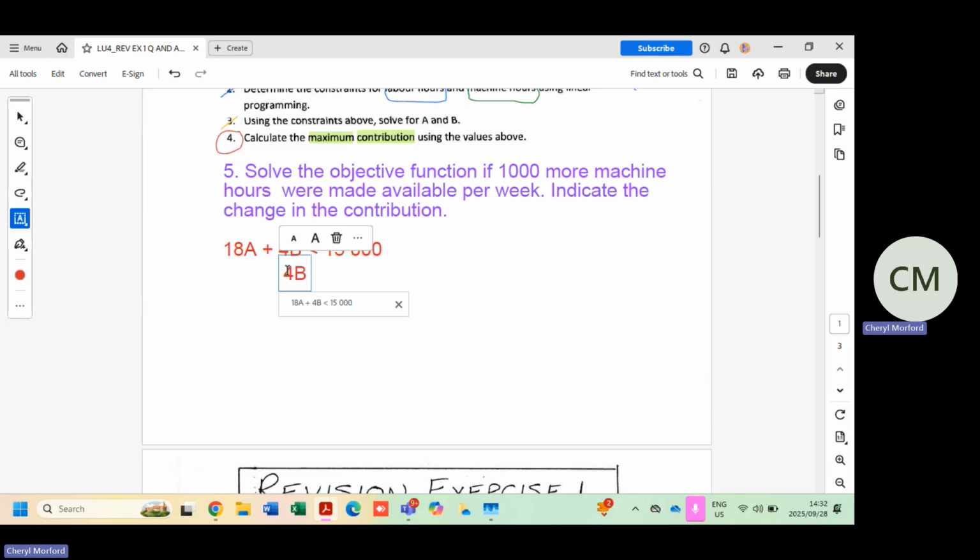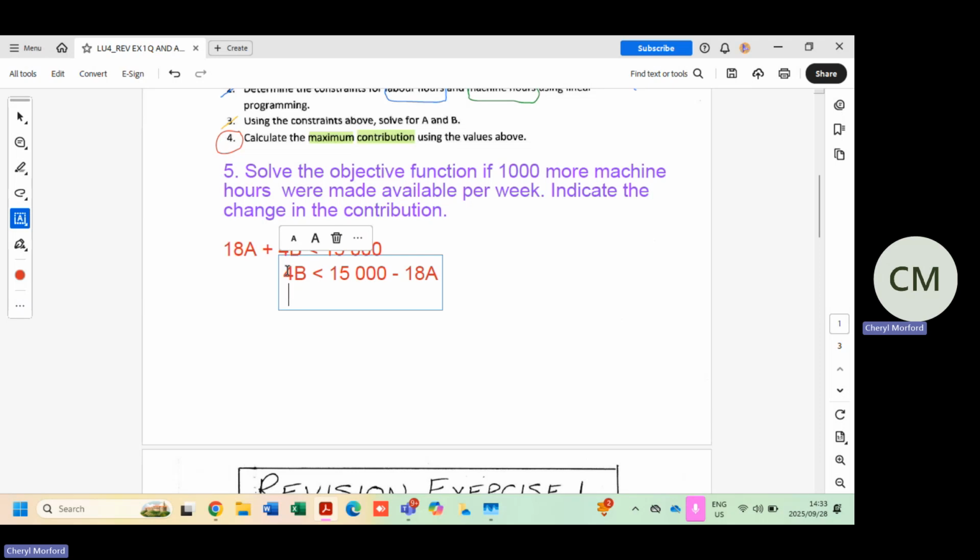I'm going to say 4B less than or equal to the 15,000, and we're going to minus the 18A, and then divide everything by 4.